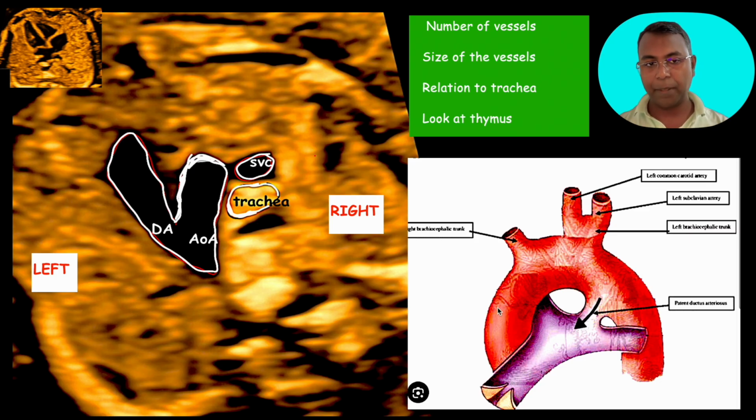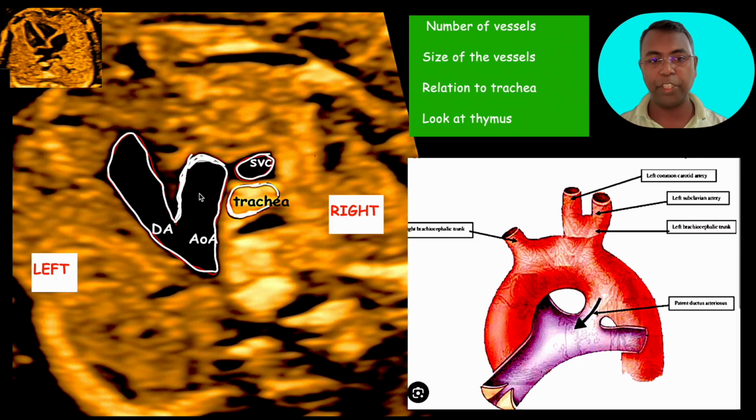Here you can see this is the transverse aortic arch and this is the ductus arteriosus. So from this picture we can understand that in this view we are looking at the transverse aortic arch, so we are trying to rule out or suspect an aortic arch anomaly. Now what are the possible aortic arch anomalies?